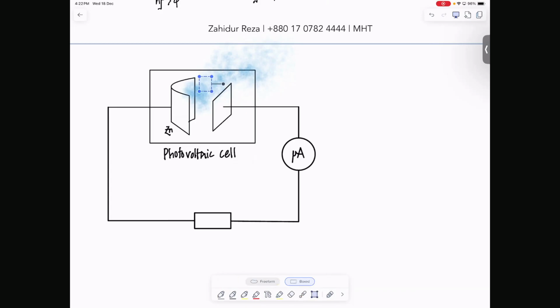Now, this is the part that's important. The person then increased the intensity of the blue light. And as he kept increasing the intensity, he found that the reading here kept increasing. Explain this observation. You didn't increase the color frequency, you just increased the intensity. Why did the current value change?